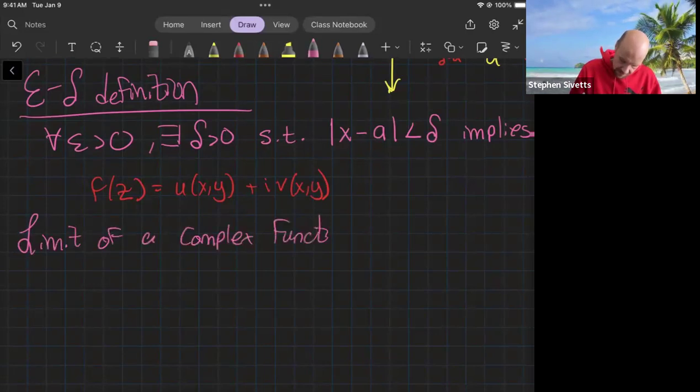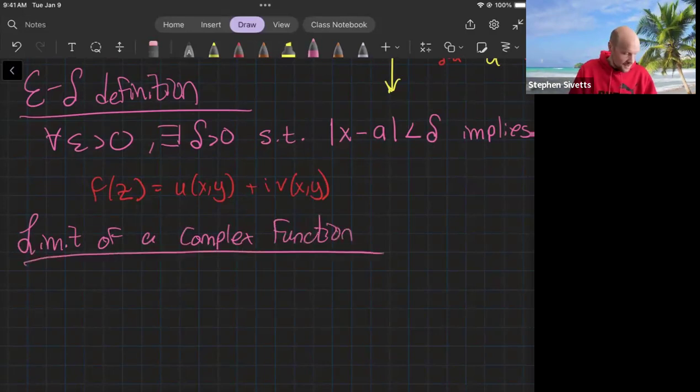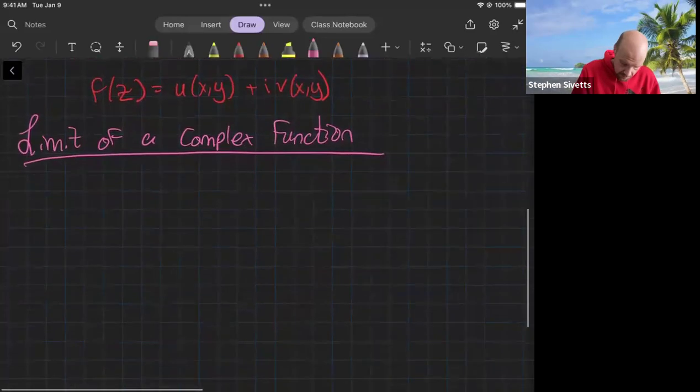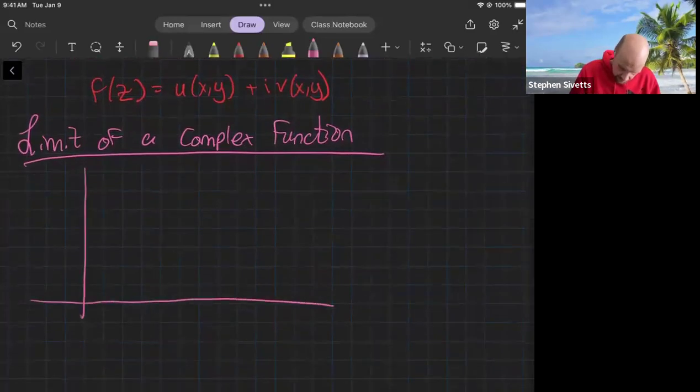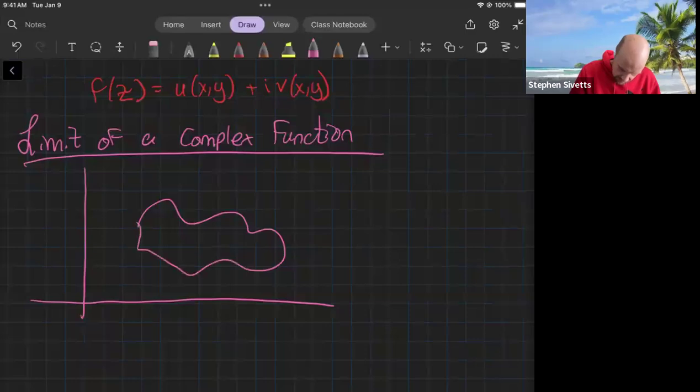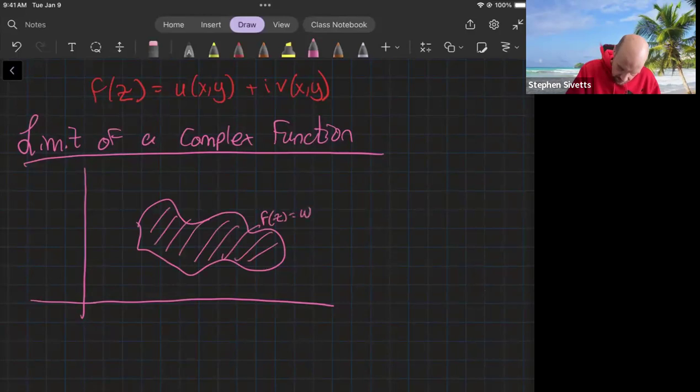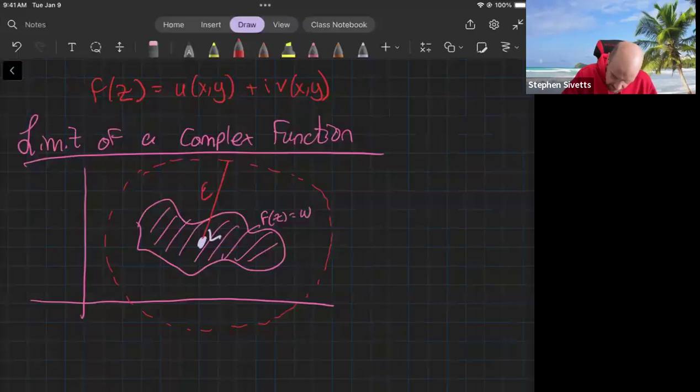So the limit of a complex function will correspond to taking epsilon neighborhoods in the w plane, right? So if I have this region, which is defined by f of z, what we're going to do now is take epsilon neighborhoods. And L this time would be a point in our function, right?